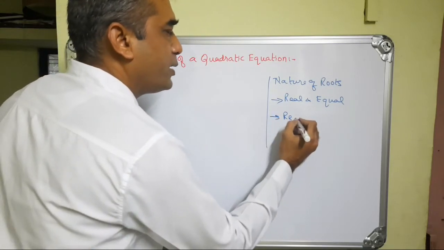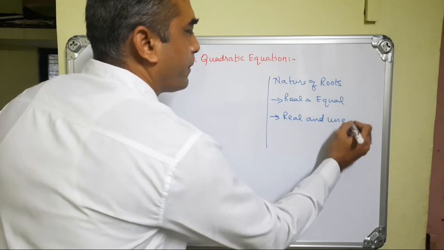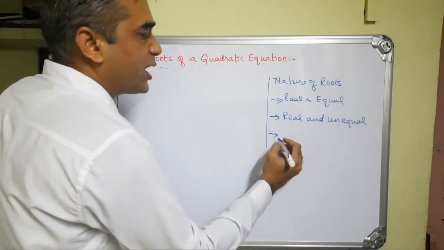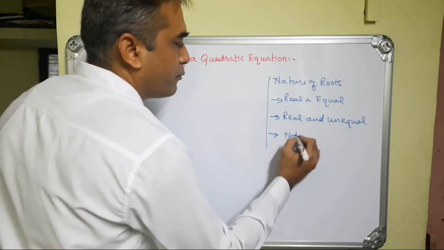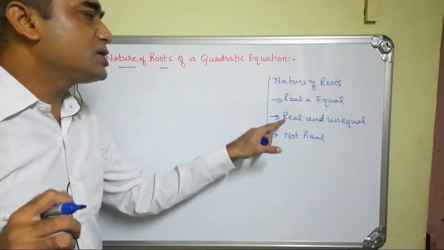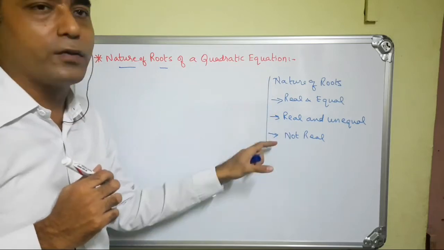The roots may be real and unequal. And the third type is that the roots are not real. Real numbers and not real numbers. These are the different natures of roots.